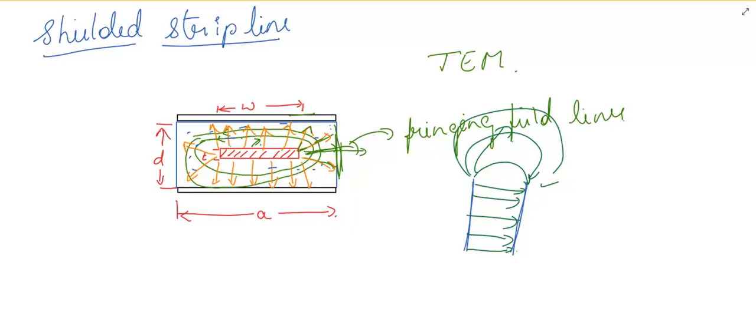Now if the dimension d that we have considered is smaller than half of the wavelength, then the wave cannot propagate in the transverse direction.